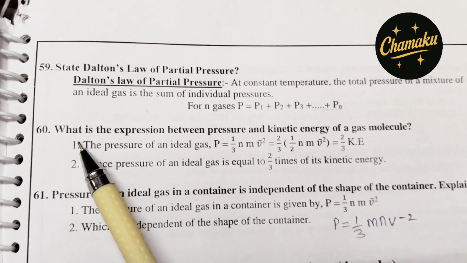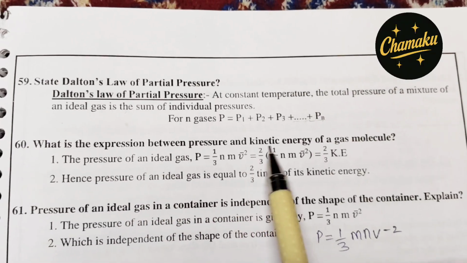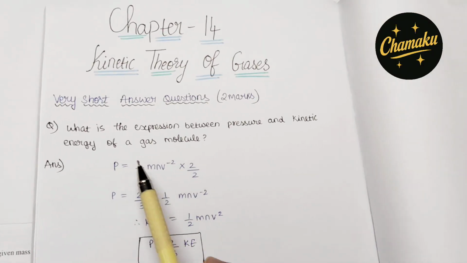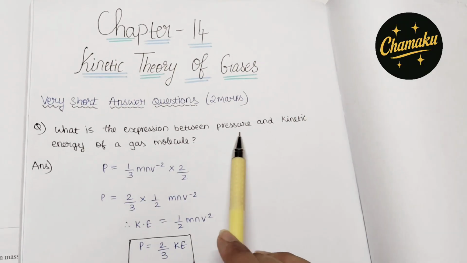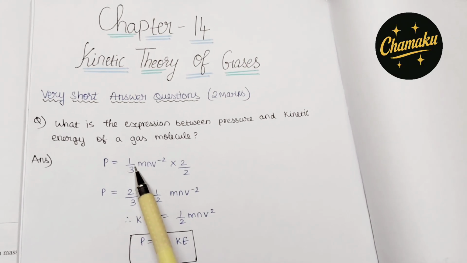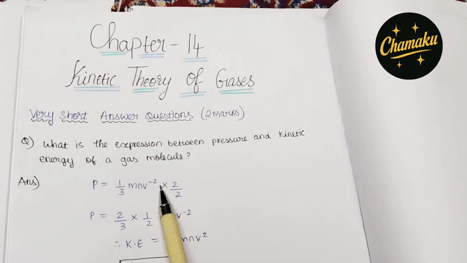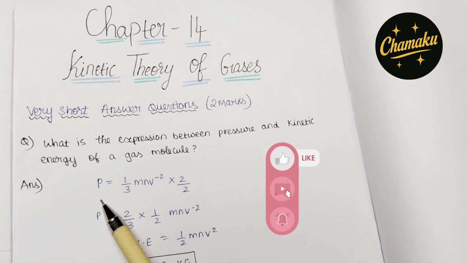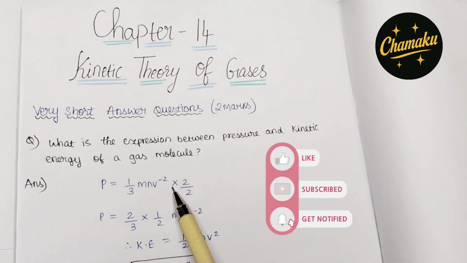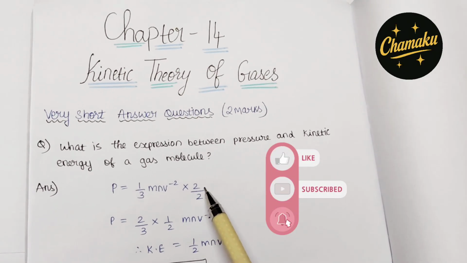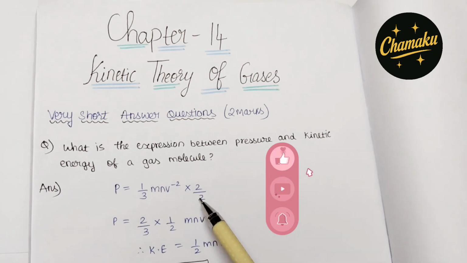Next one, what is the expression between pressure and kinetic energy of a gas molecule? So this is the answer. Pressure P is equal to 1 by 3 mn V square, this is the pressure formula. For this formula we multiply and divide by 2.